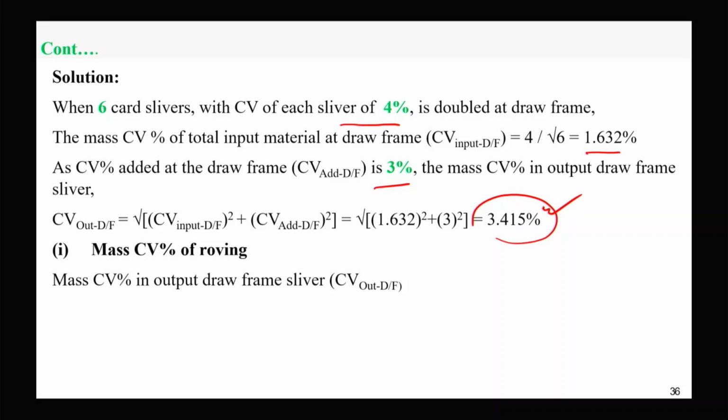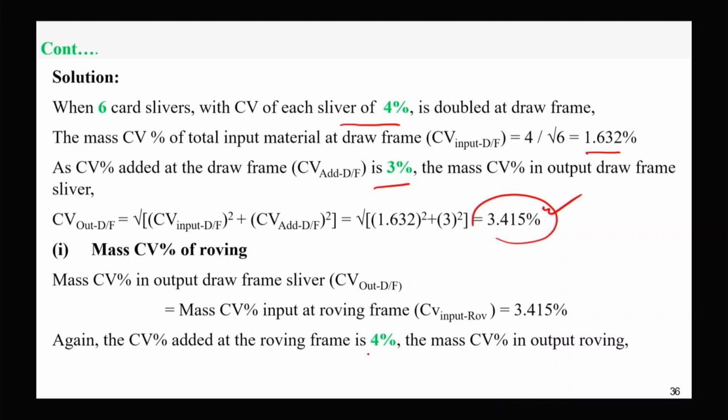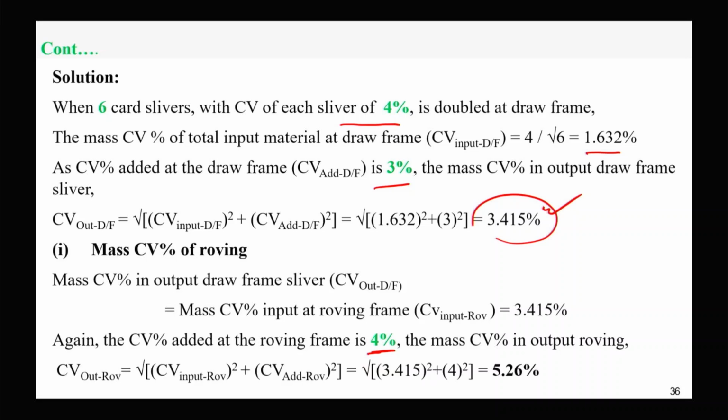and the mass CV of roving, after adding again 4% at the roving stage, is coming out to be 5.26%, that we have seen earlier.